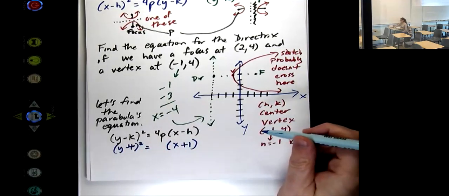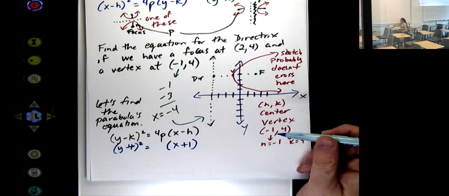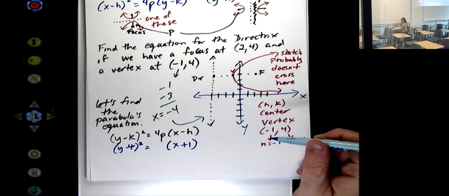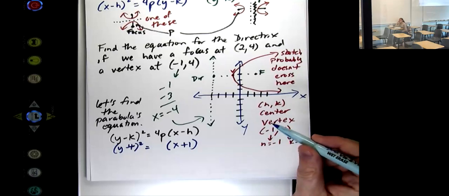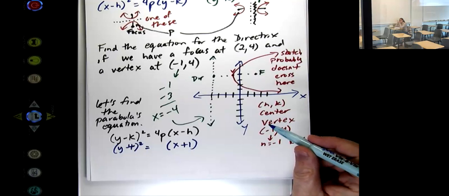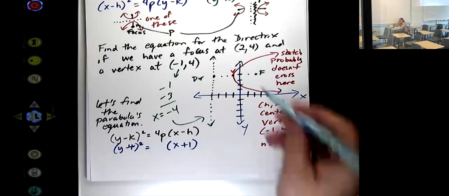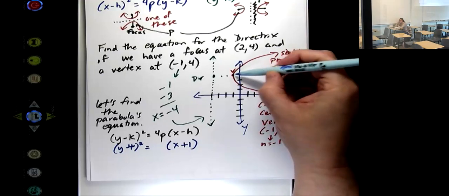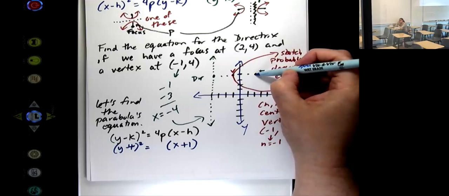Do I have P? Or can I get P? How? Yeah, it's this distance. If you go from the vertex to the focus, you'll keep the sign correct. So if I start at the vertex, I go right 3, that's a positive 3.